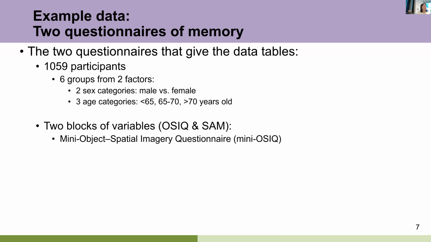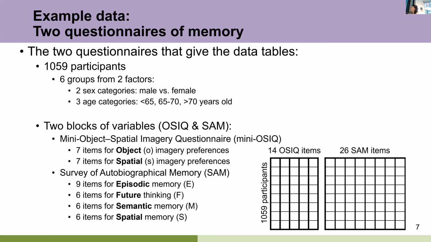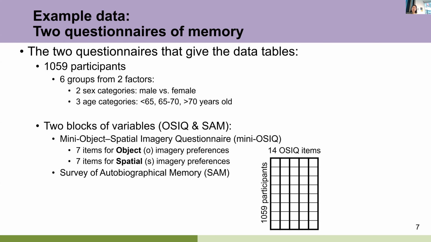And I don't remember if Mariah covered this earlier, but this is, again, from Brian's lab. They look at the mini object spatial imagery questionnaire, which examines object and spatial memory. The other one is the survey of autobiographical memory. So we want to see how related these are. And each of these comes in different items, right? In the OSIQ, there are 7 items that measure object imagery performance, and 7 that measure spatial imagery performance.